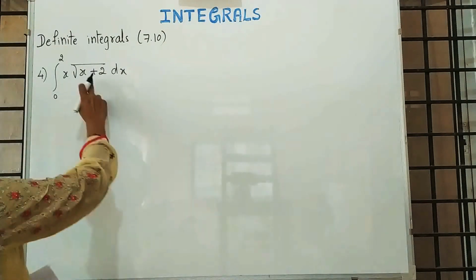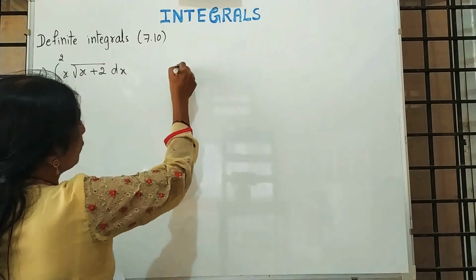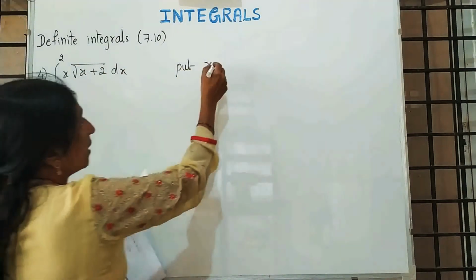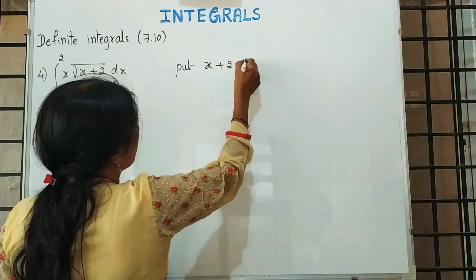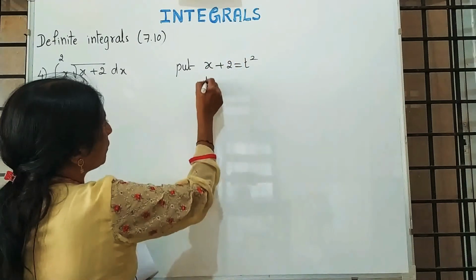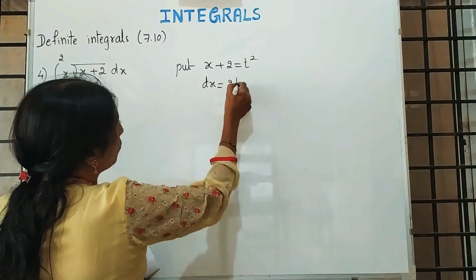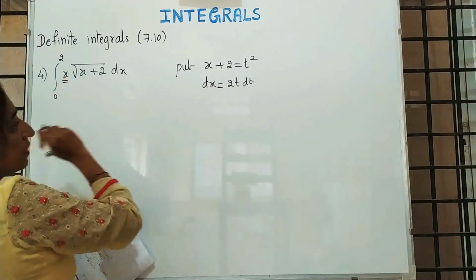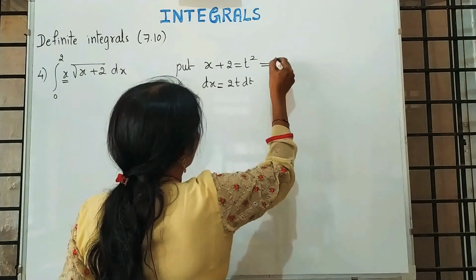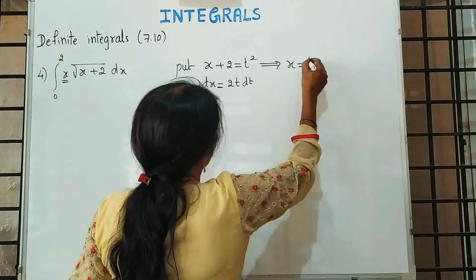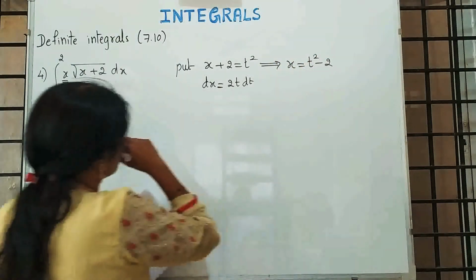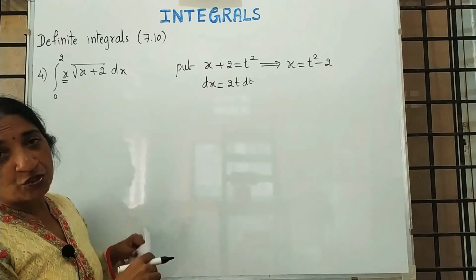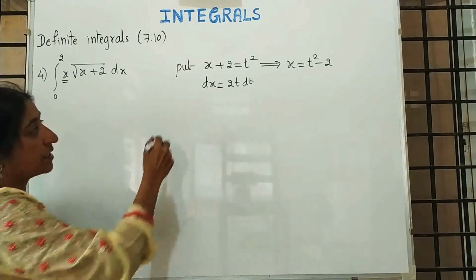So, here root is there. Because of that root, to make the calculations easy, I am writing x plus 2 as t square. When you differentiate, you will get dx is equal to 2t into dt. But in the problem, we have x also. This implies x is equal to t square minus 2. And whenever you are applying a method of substitution, you know that we have to change the limits.